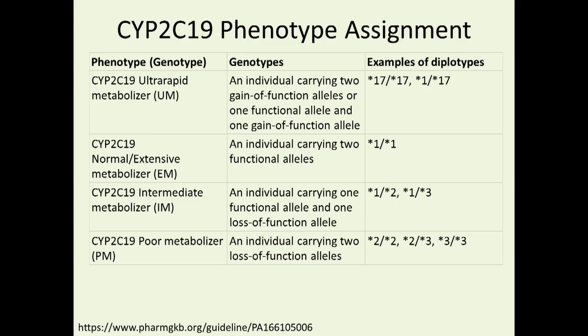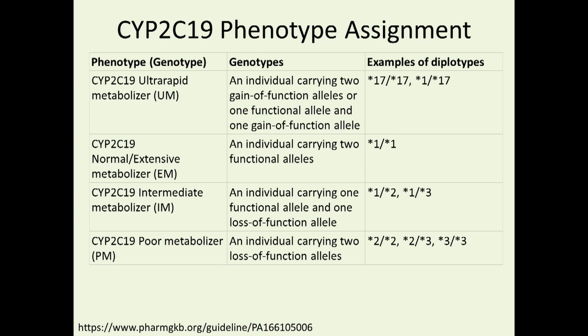And so you've seen a little bit about these phenotype assignments from earlier presentations, but this is an example of how this exists for CYP2C19. Again, we have a range of allelic combinations, or what we call diplotypes, that result in poor metabolizer, intermediate metabolizer, normal metabolizer, or ultra-rapid metabolizer.